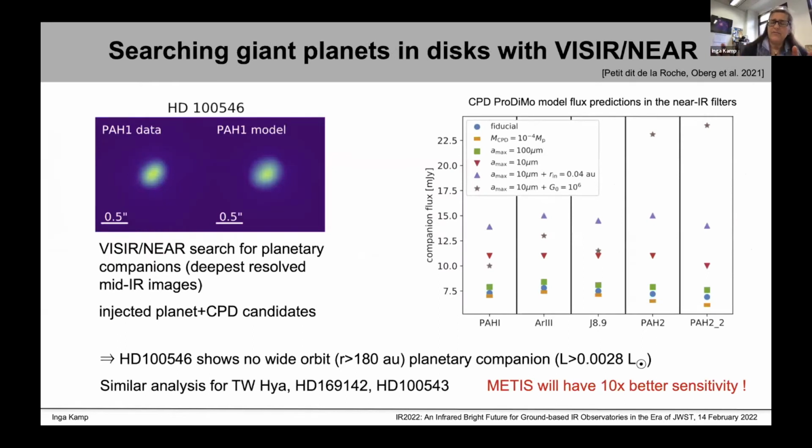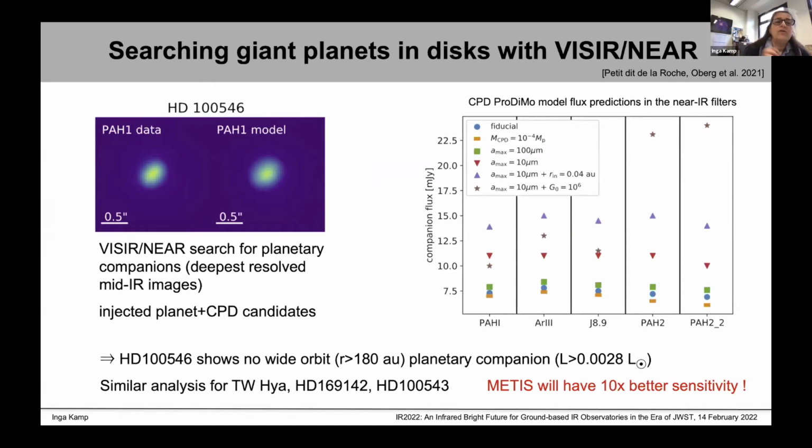And taking this even one step further, of course, people are looking for these young planets that are forming in these disks. And one study that has been done recently is a VISIR NEAR study by Dominique Petit de la Roche. And they have taken, at the moment, the deepest resolved mid-infrared images with this NEAR system that has been on the telescope only for some time.